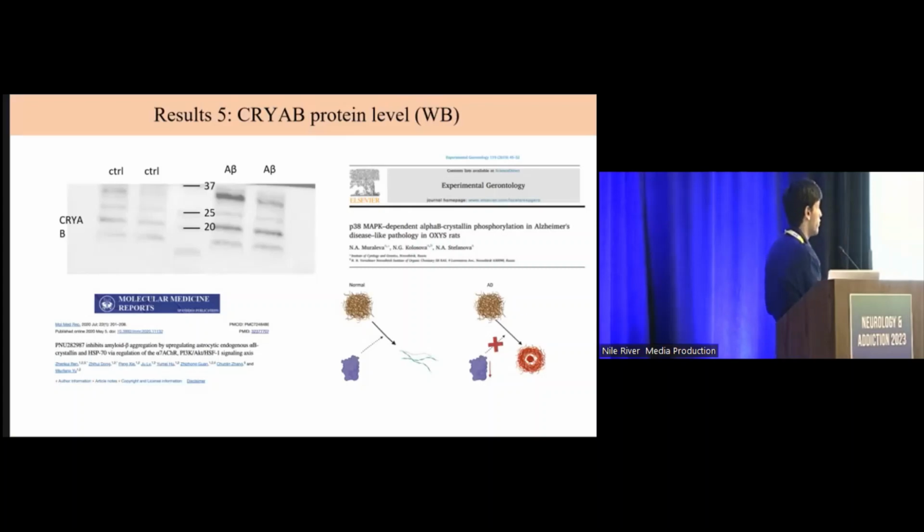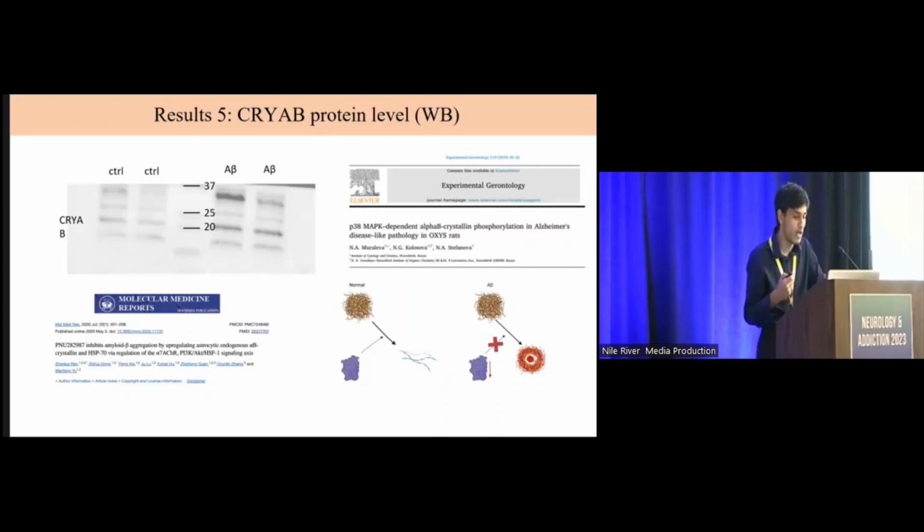And we know through multiple studies that P38 MAPK causes a lot of phosphorylation of CRIAB. Obviously, we need to validate this, and we're currently working on confirming that it is the phosphorylated version of CRIAB that is showing the increase, and not the functional CRIAB.